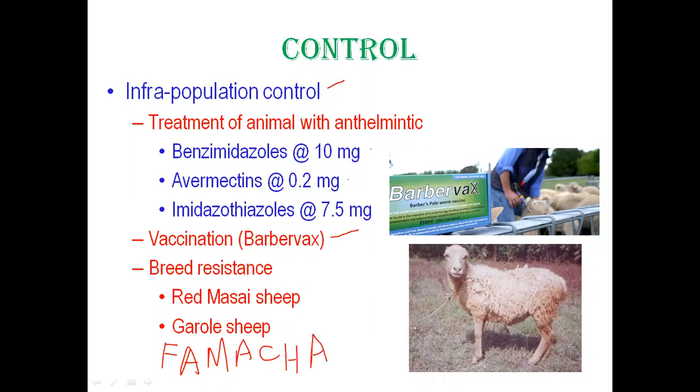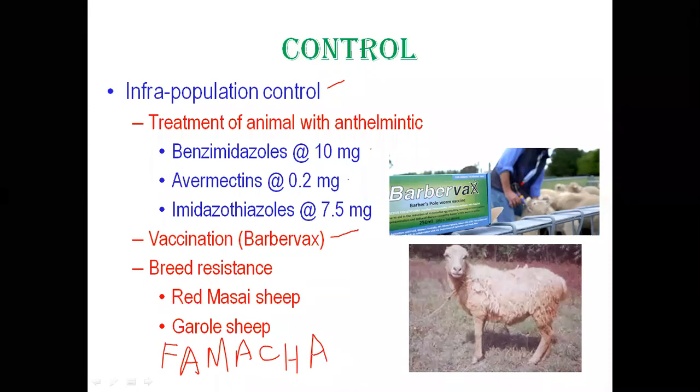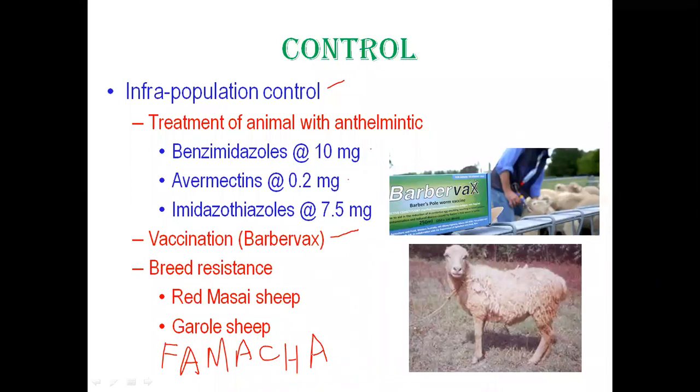Famacha means they say that we should not give treatment to every animal which is infected with haemonchosis, because earlier they used to give treatment to every organism, which invites anthelmintic drug resistance. Now in India, the alarming situation is that most of the benzimidazole groups, many times they are no longer working.